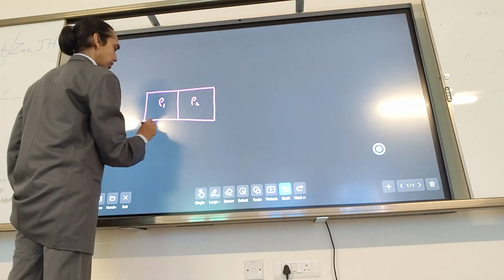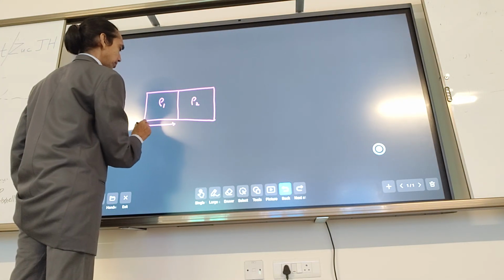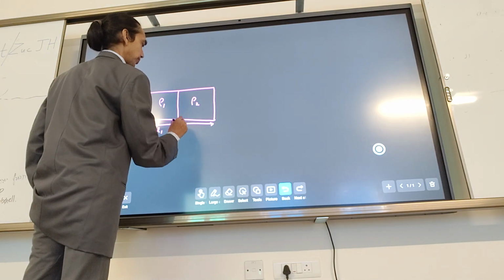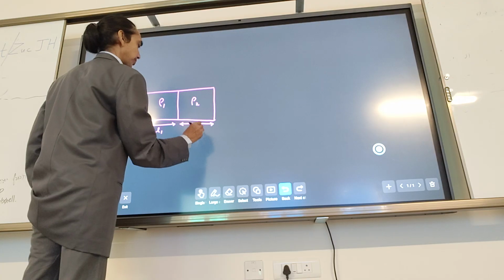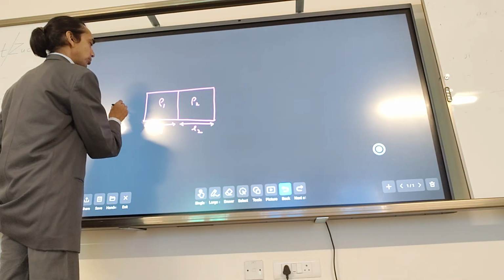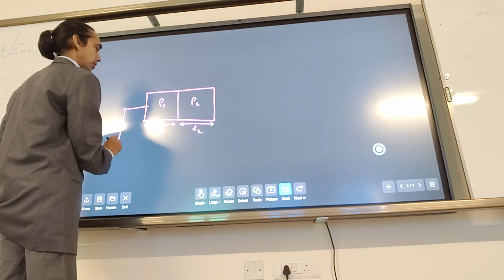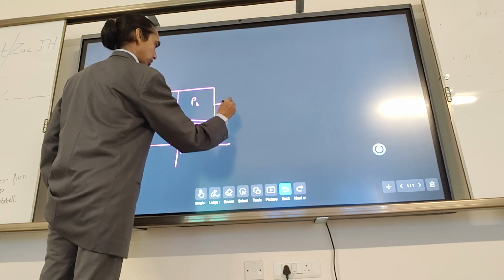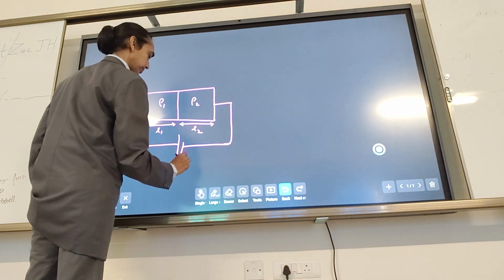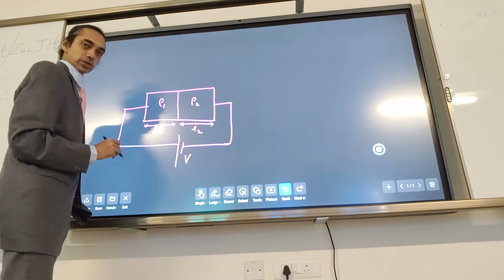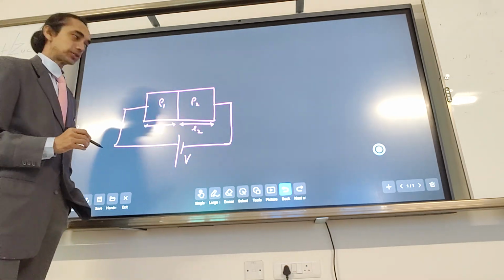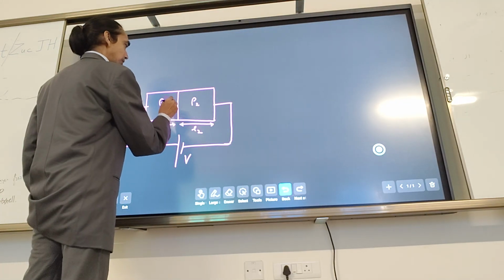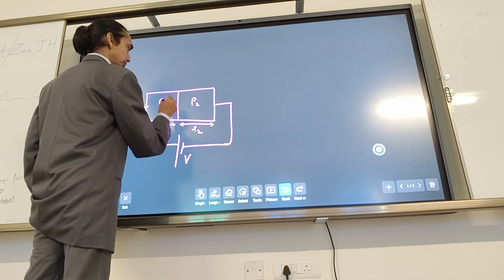Certain lengths, if you want, you may assign to them L1 and L2. Area of cross section, to begin, we assume same. We are applying a potential difference across the ends. And what we ask over here is, will there be any charge developed at the junction?